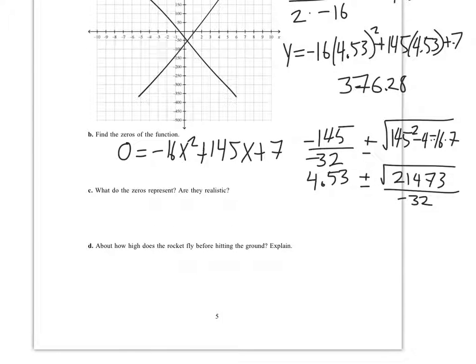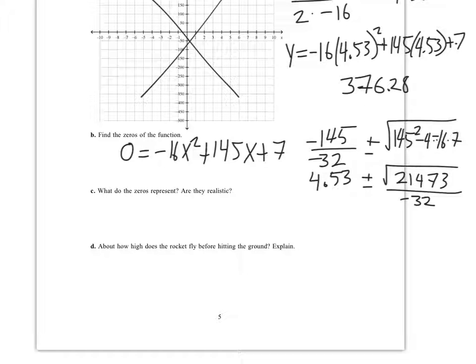The square root of that, so we got 4.53 plus or minus, that's 146ish divided by 32, 4.57.